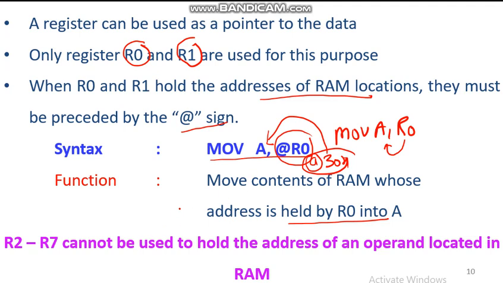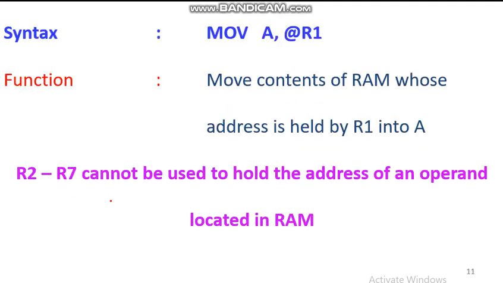Now here we cannot use register R2 to R7. Only you can use either R0 or R1. So you can have your MOV A, @R1, that means copy the content of location RAM whose address is held by R1. So it is go at address pointed by R1, and that value is copied into accumulator.